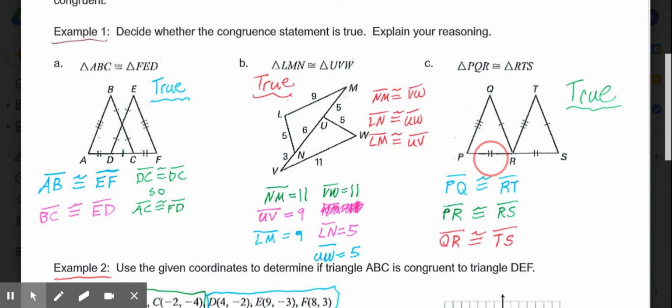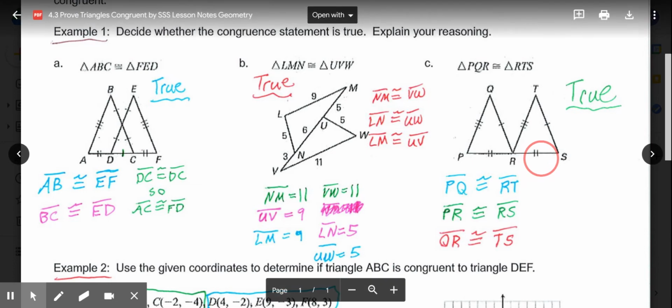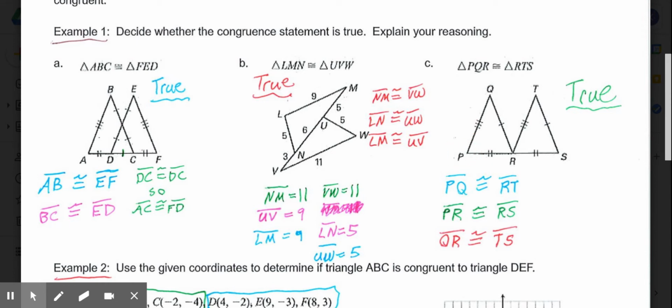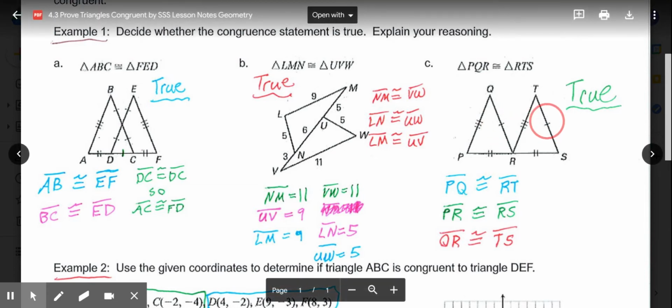RP on the bottom, 2 hash marks. SR on the bottom, 2 hash marks. They are congruent. P to Q, 3 hash marks. T to R, 3 hash marks. They are congruent. Q to R, 1 hash mark, T to S, 1 hash mark, meaning those two are congruent. So this is a true statement.